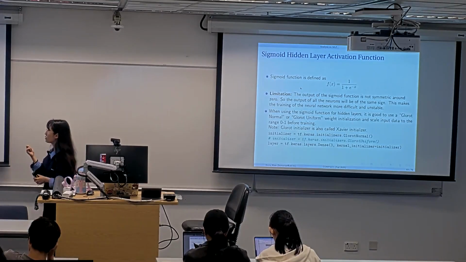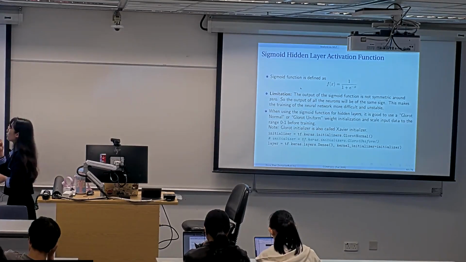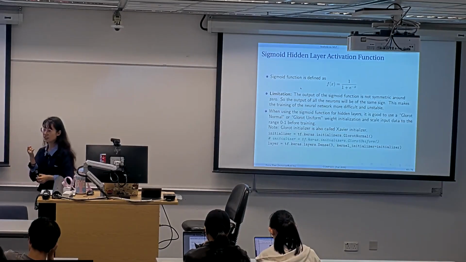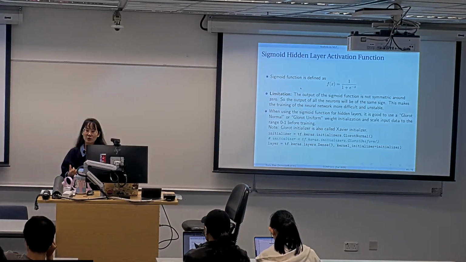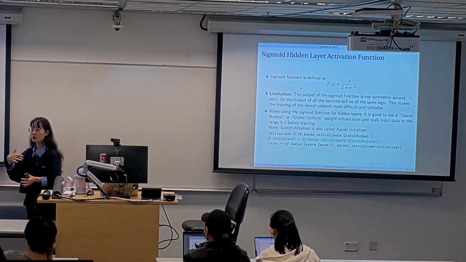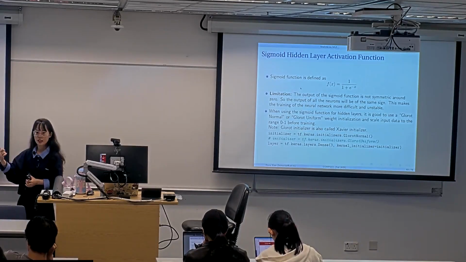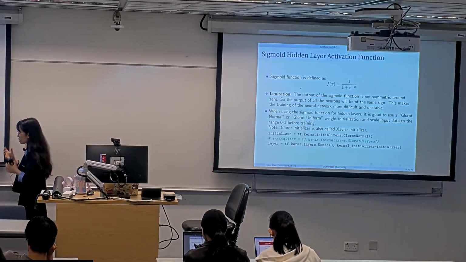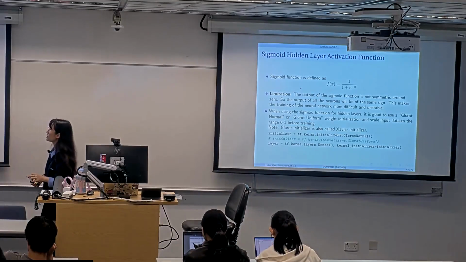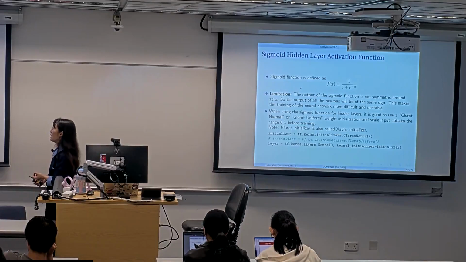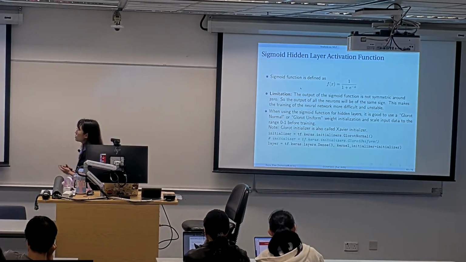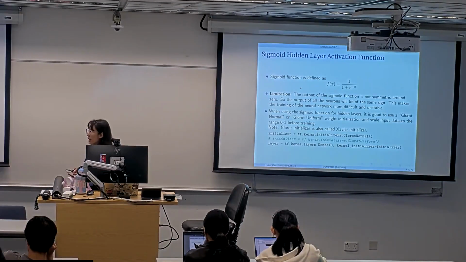So that means the output of all the neurons will be of the same sign, because we know sigmoid has a range of 0 to 1. All of the outputs will be positive. If all of the neurons have outputs of the same sign, then the training of the neural network is more difficult and not so stable.